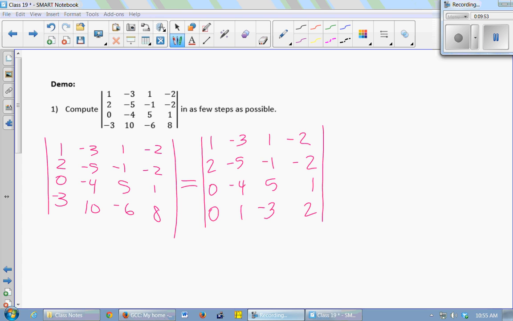Okay, what should we get rid of next to try to put this in echelon form? The 2 in the first column, yeah. And to do that, I'm going to multiply row 1 by -2 and add it to row 2. So -2 times 1 is -2, so that's 0.